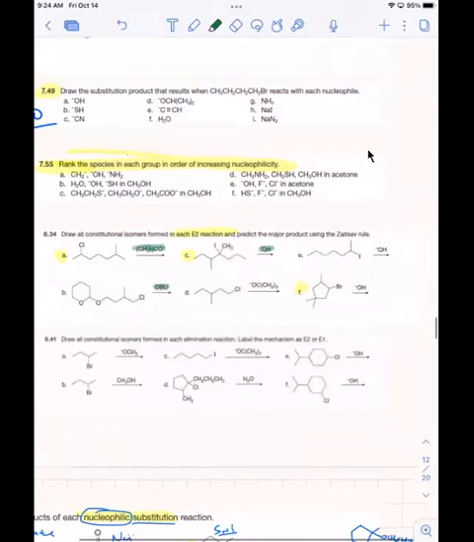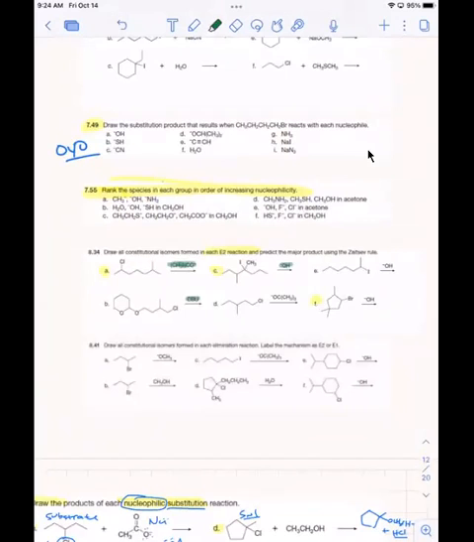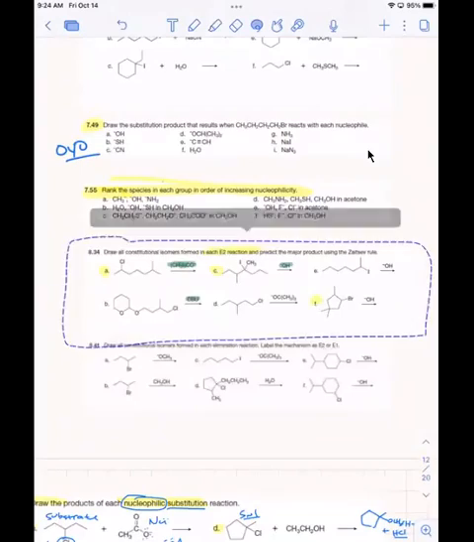So let's take that, I'm going to cut it and put it on another page. We'll work through these examples.